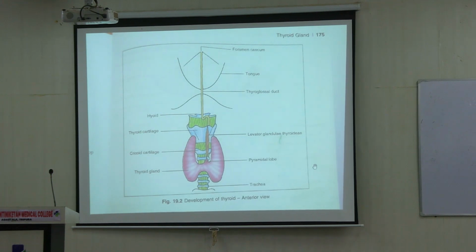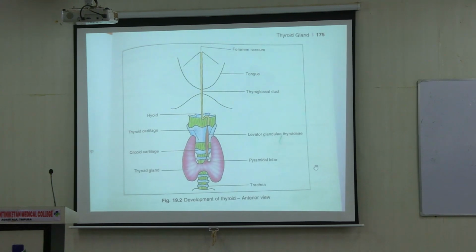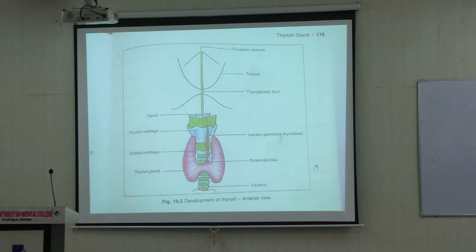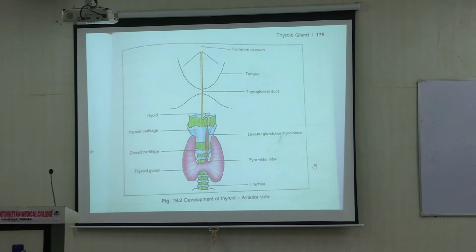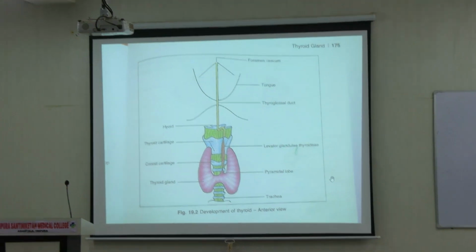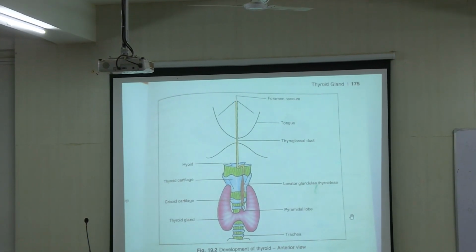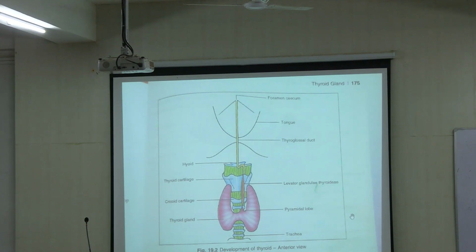What is that muscle? Sternothyroid superficially, and deep is inferior constrictor.